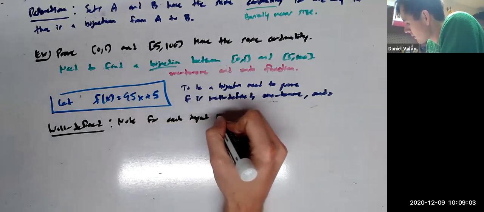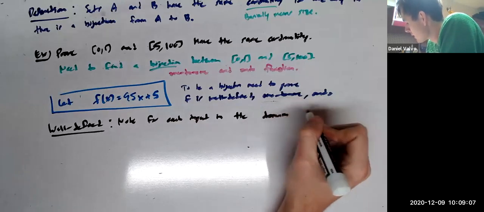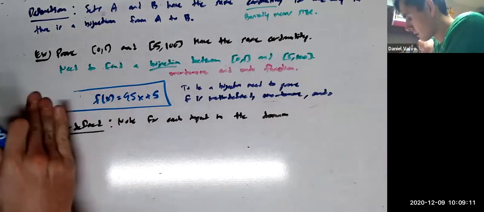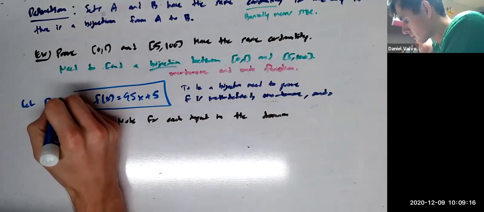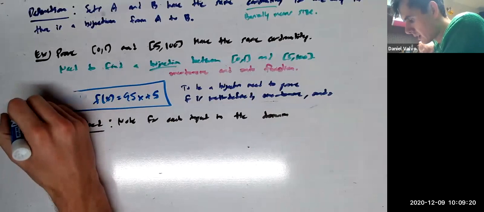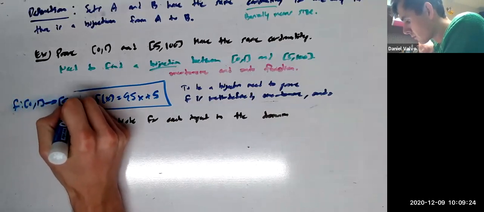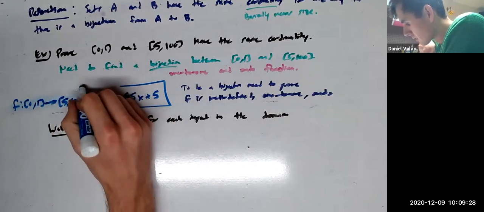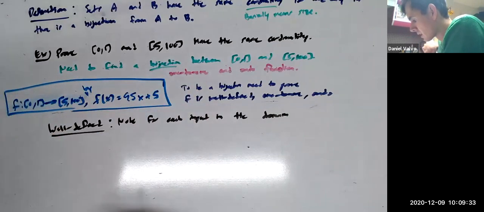So note, for each input in the domain, oh, by the way, we should specify here that f goes from [0, 1] to [5, 100], just like we want, by f of x is 95x plus 5. Good.